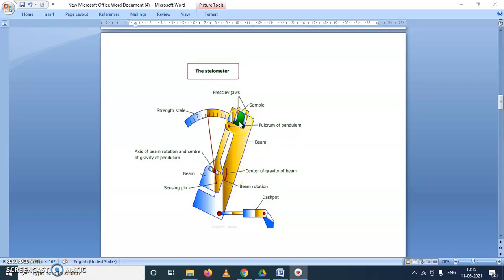But when there is a specimen here, the pendulum also moves through a particular angle and follows the beam in a clockwise direction. Now this angle moved by the pendulum gives us an idea about the force developed inside the specimen, according to the pendulum lever principle, that is F is directly proportional to sine theta.